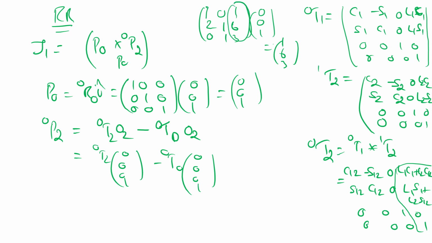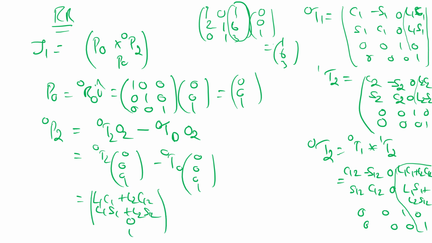Similarly, if I want to get the last one, because in a transformation matrix the last column is the translation part, and translation means it is a position vector, I have to multiply this. Once we multiply, I will get the answer: P2 0 is L1 C1 plus L2 C12, then L1 S1 plus L2 S12, then 0, 1.